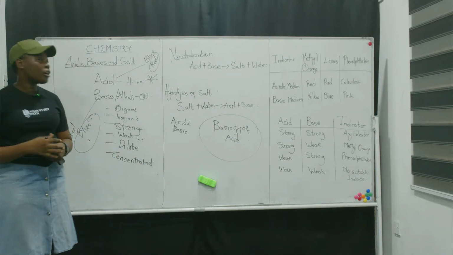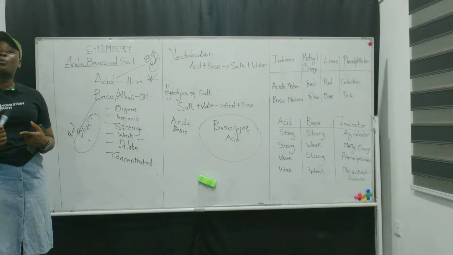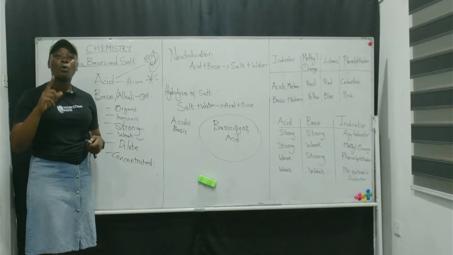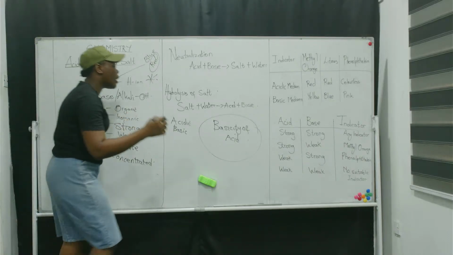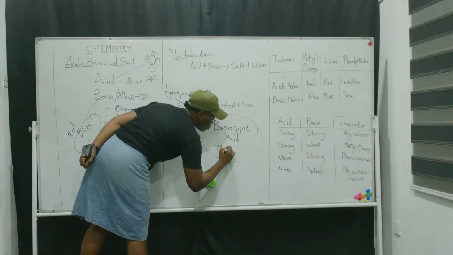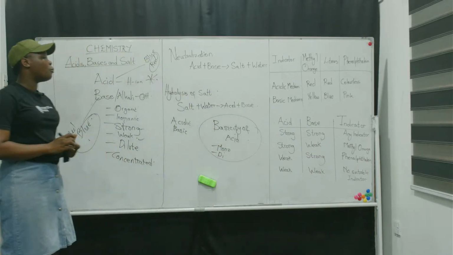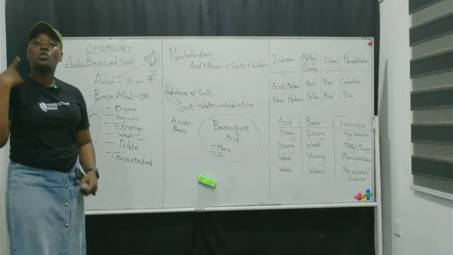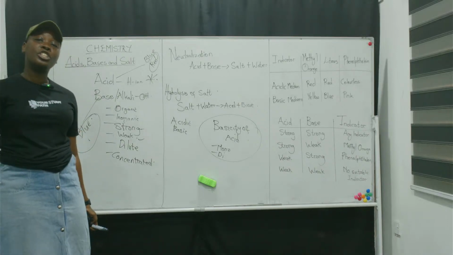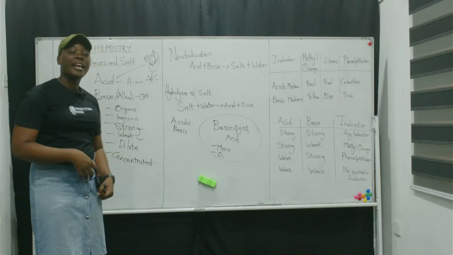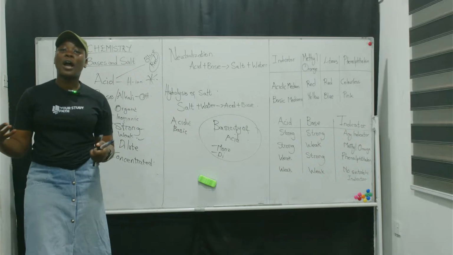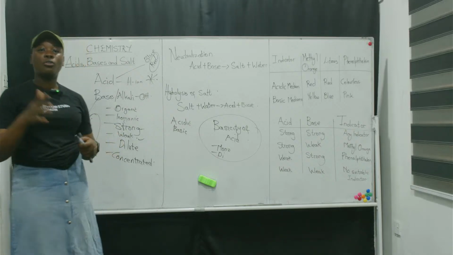Are you following? Where I mentioned mono, di: when it is monobasic, it contains one replaceable hydrogen ion, and when it is dibasic, it contains two replaceable hydrogen ions in one mole of acid.